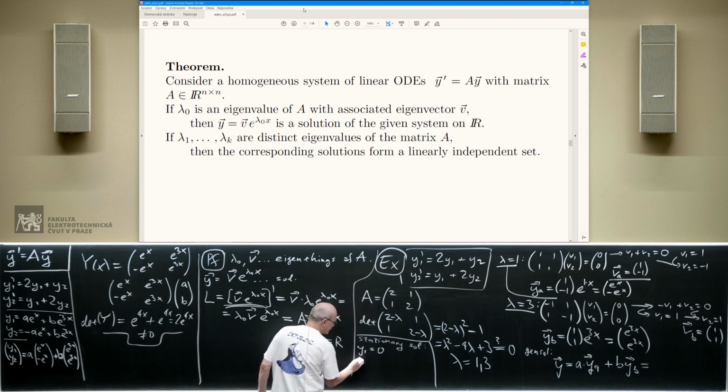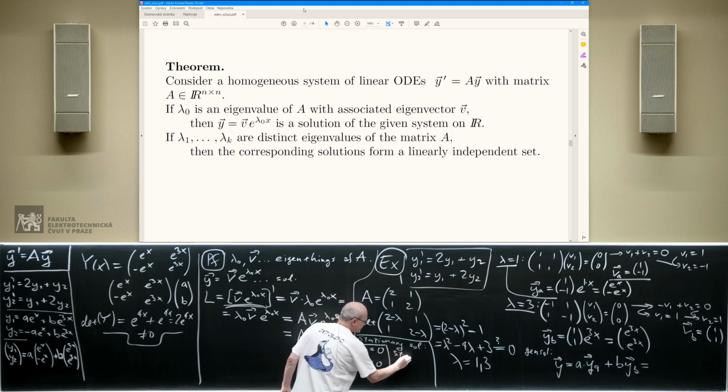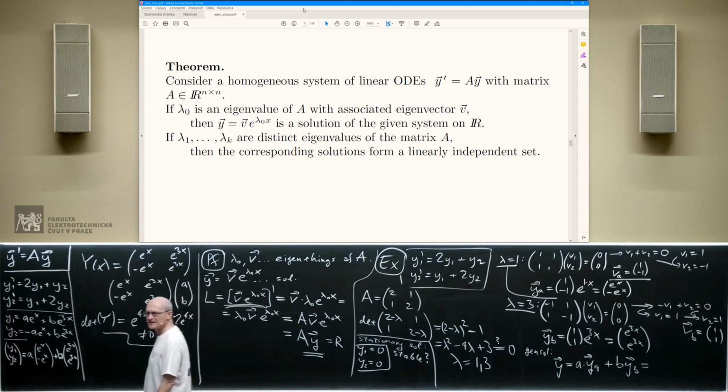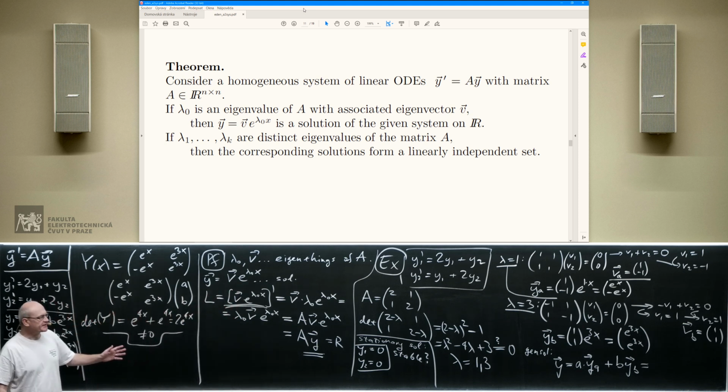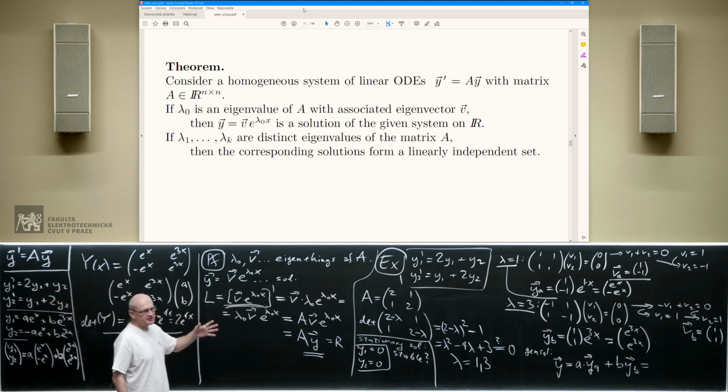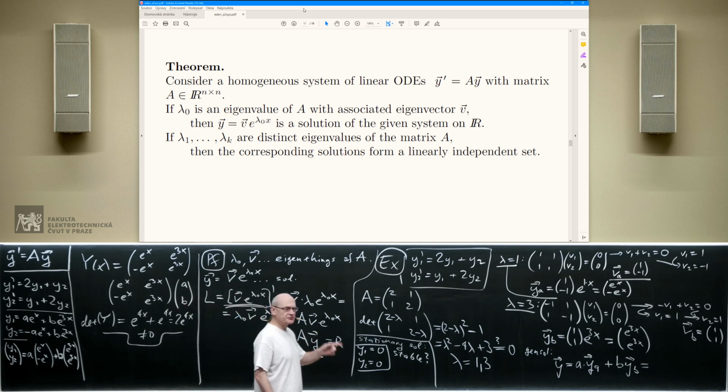And the question is, is it stable? Good question. We will talk more about stability in our special lecture on analyzing systems, and that's very useful.